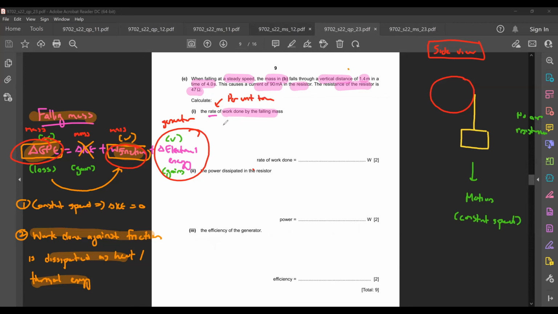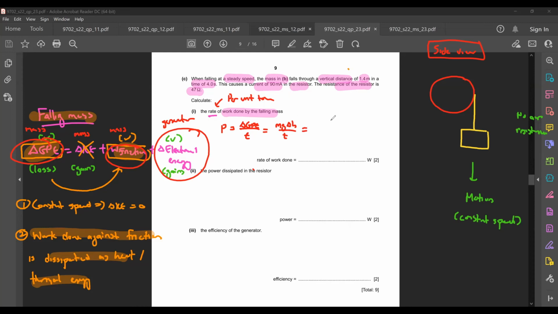So the rate of work done by the falling mass, you can probably just say that P is actually change in GPE divided by your time. So this one is mg delta h divided by time.